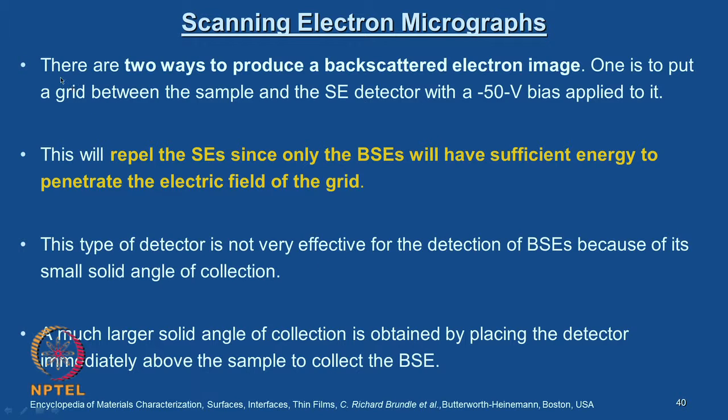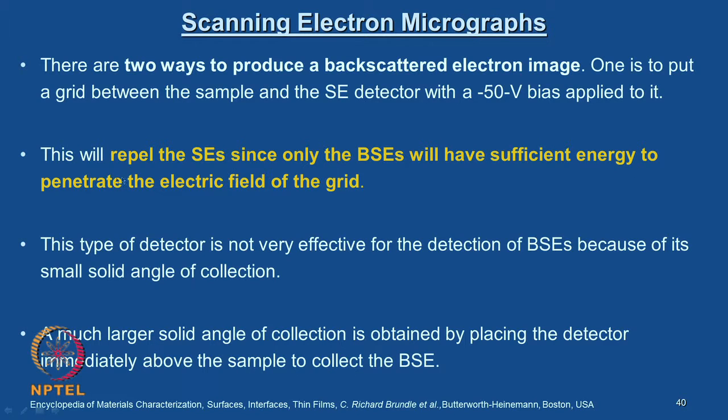And if you look at the method of producing the backscattered electron image, there are two ways to produce a BSE image. One is to put a grid between the sample and the secondary electron detector with a negative voltage, that is, minus 50 volt bias applied to it. If you recall, when I introduced the instrumentation schematic, I said that if you put positive voltage, it will collect both BSE and SE.